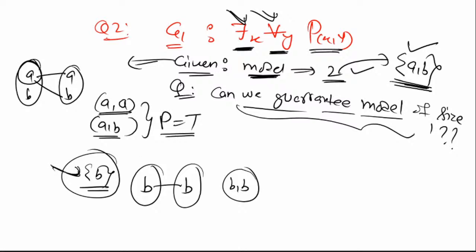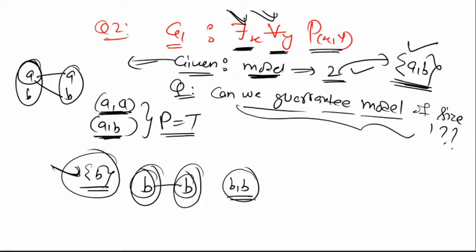Because there is a single element, I have to take B here and B here. So this is there exists x for all y. For this B comma B, this P(x,y) is not guaranteed to be true, because from the given information, for AA this P is true, for AB this P is true, for this BB this P may not be true.